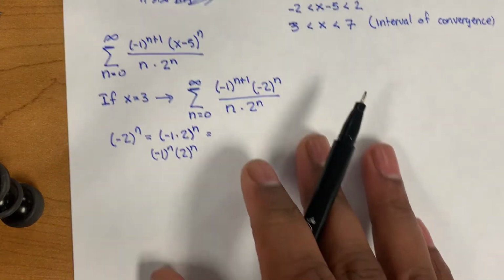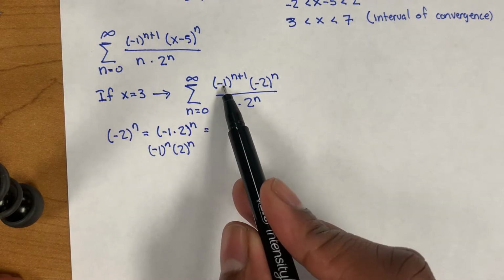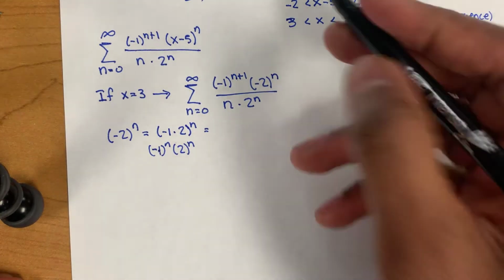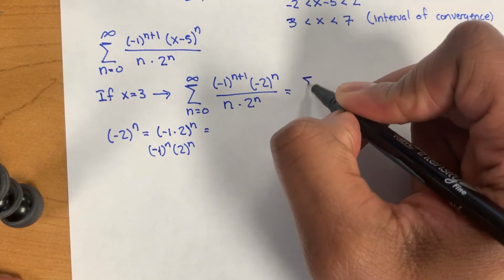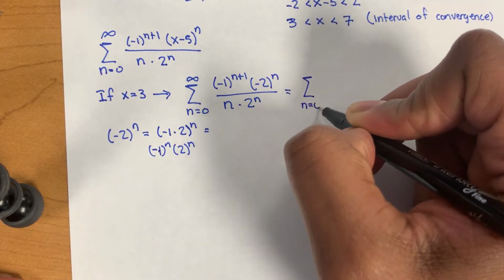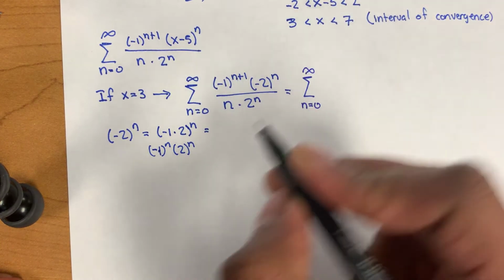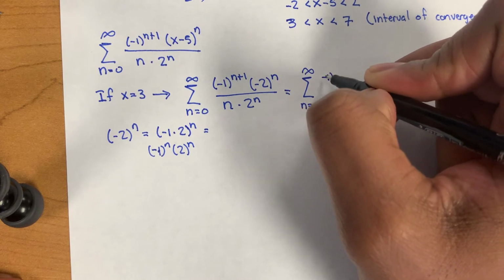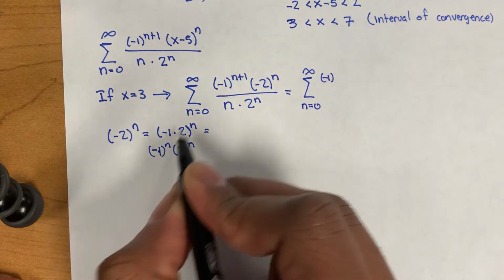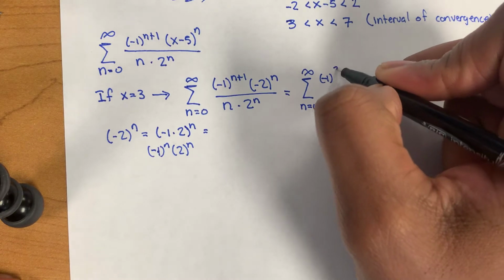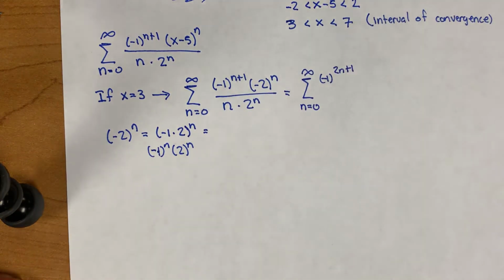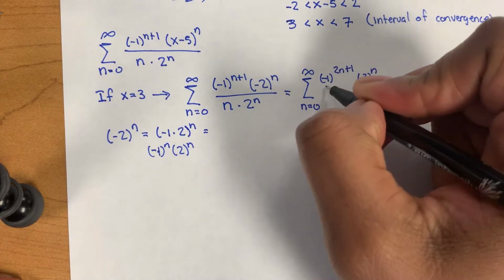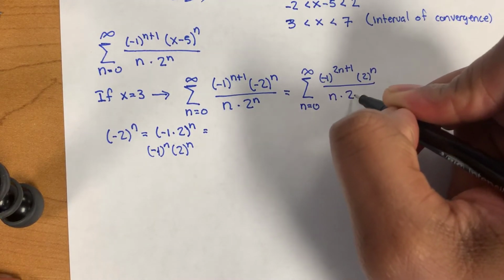Now, we already have a -1 here. So if we have (-1)^n added to this, it's going to be the same as having the sum from n equals 0 to infinity of (-1) to the, we add the exponents, n plus n plus 1 is 2n plus 1, which is always an odd number, times 2^n over n times 2^n.